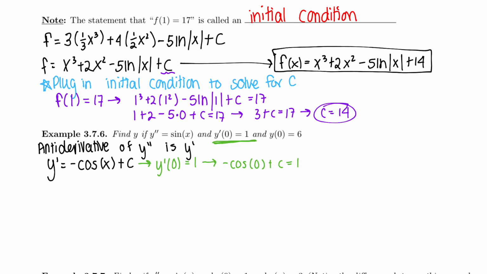Negative cosine of 0 is just negative 1, plus c equals 1. So you'll get c equal to 2. So y prime is negative cosine x plus 2.